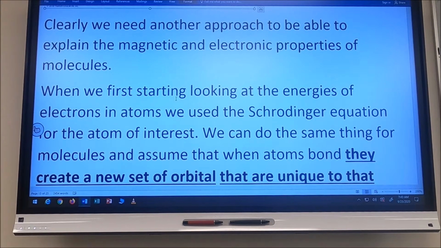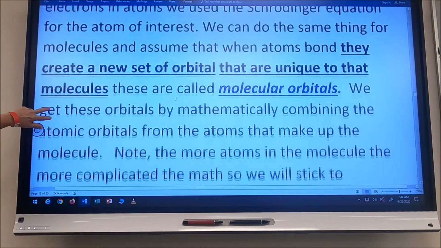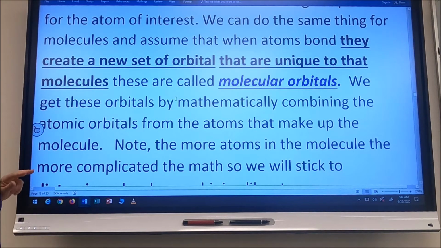So what we're going to do is go back and try to expand something that was used earlier. When we first started looking at the energy of electrons, we used the Schrodinger equation for the atom of interest. So we should be able to do the same thing with molecules and assume that when atoms bond, they create a new set of orbitals that are unique to that molecule.